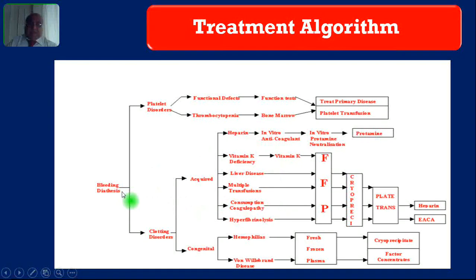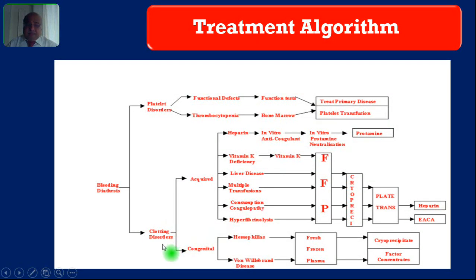So bleeding diathesis can be broadly divided into platelet disorders and clotting disorders. The platelet disorders may be a functional defect, thrombocytopathy, or thrombocytopenia. In case of thrombocytopenia, you have to do a bone marrow biopsy also. You have to treat the primary disease, and most of these cases will be treated by platelet concentrate.